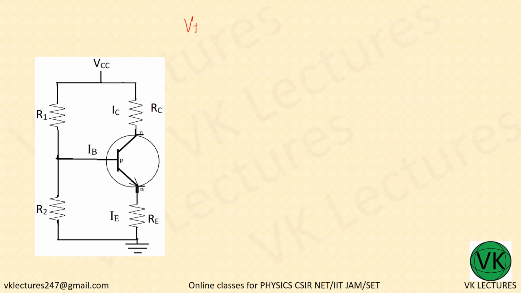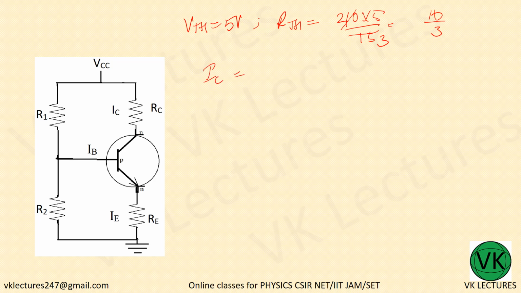So VTH is equal to 5 volt. RTH is equal to R1 parallel R2, so 10 into 5 divided by 15. So 10 by 3 is RTH. Leave it like that. Now what we want to find out is IC first.